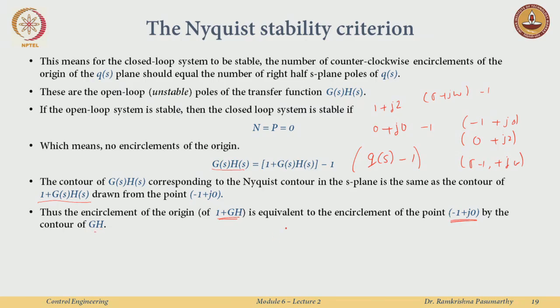So I am comparing encirclements of the origin of 1 plus GH to encirclements of the point minus 1 plus J0 of G times H.